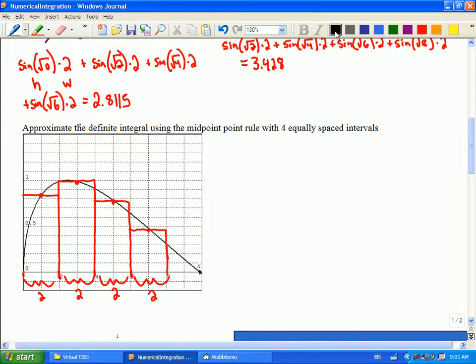And now if I want to know how tall each rectangle is, that's the height right there. So this will be the sine of root 1. This one here will be the sine of root 3. This one here will be the sine, and that number right there is 5, so sine root 5. And here this will be the sine of root 7.